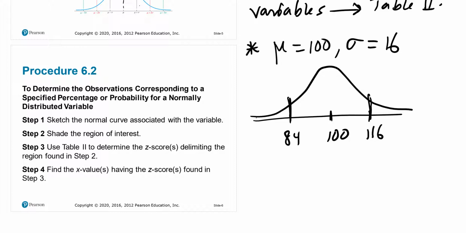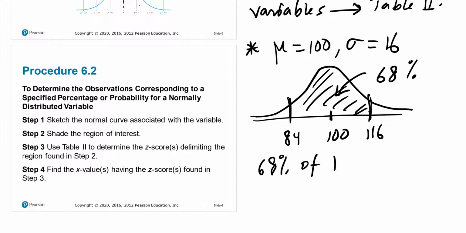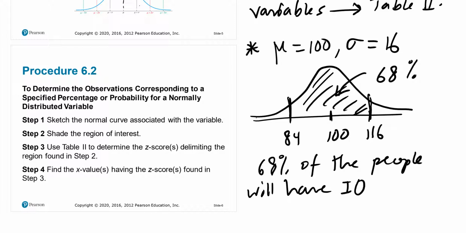So this tells us that about 68% of the observations will fall in here, because the shape is roughly bell shaped. So 68% of the people will have IQs between 84 and 116.